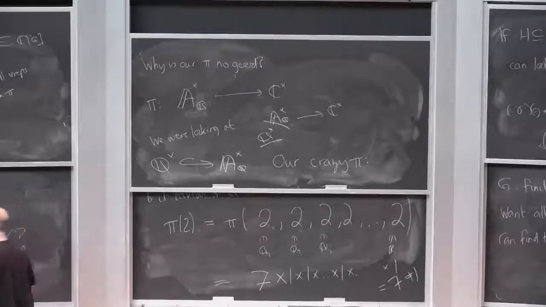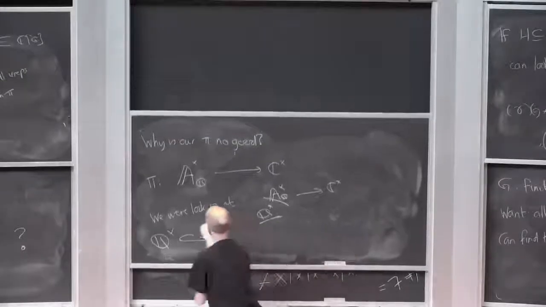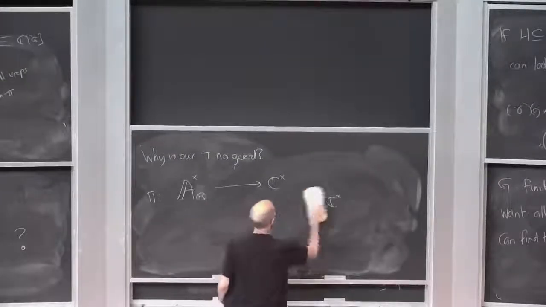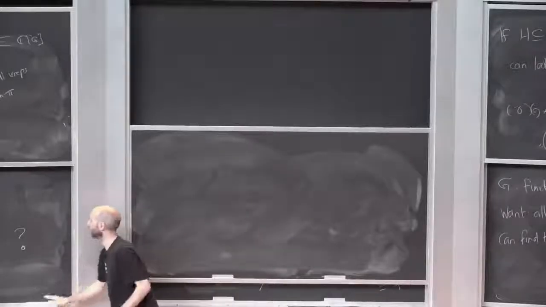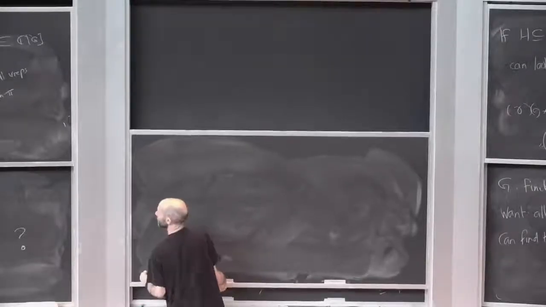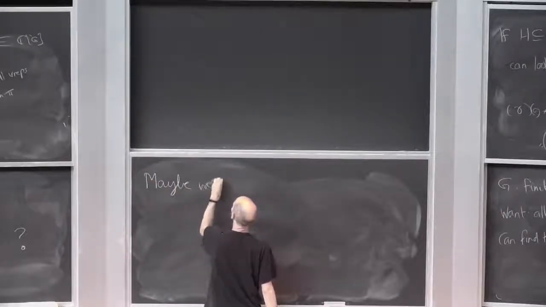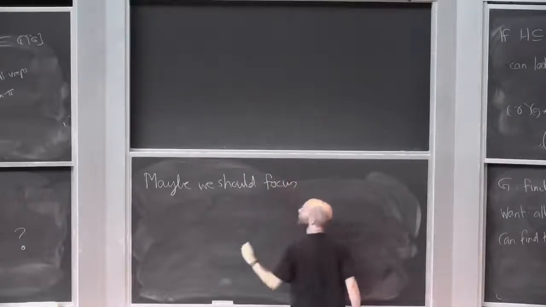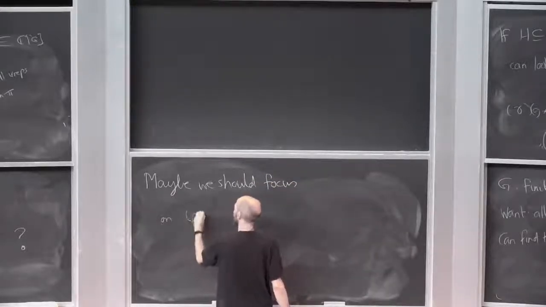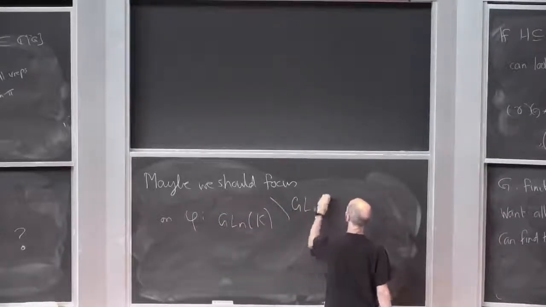So maybe, here's the idea then, maybe an automorphic representation for GLN of the Adeles should not be some random representation of GLN of the Adeles. So maybe we should focus on functions phi from GLN of K to GLN of the Adeles.